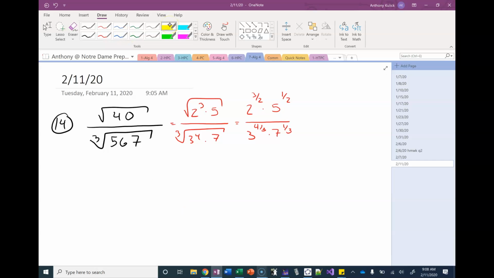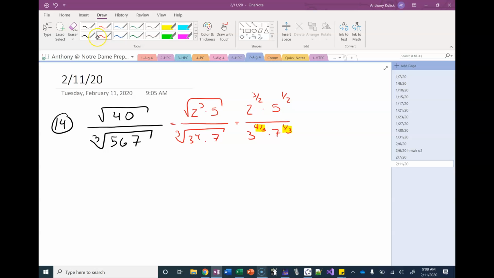The thing I have to worry about next, though, is that I have fractional exponents in the denominator of this fraction. Remember that a fractional exponent is the same as a radical, and we don't want to have radicals in the denominator, so we need to take care of these fractional exponents.